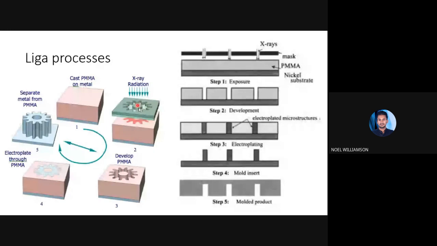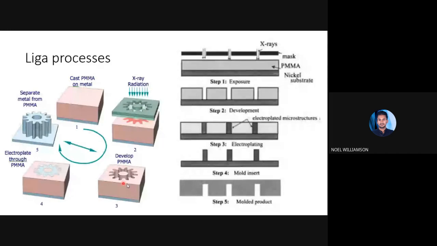Applying the mask or the resist over here, the X-ray is radiated through it. Through this hole, the X-ray will impinge on the PMMA, and the other part will not be exposed. So you can see the hole is being created like this.